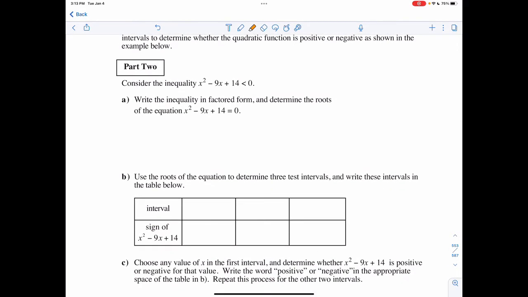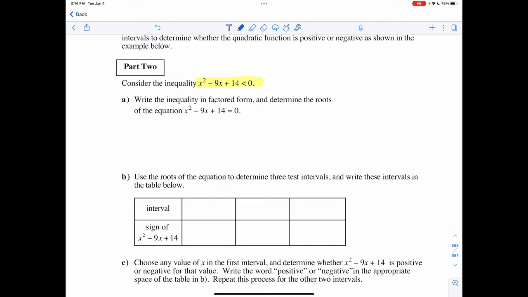So if I take the inequality x squared minus 9x plus 14 is less than 0, the first thing I'm going to do is determine the roots. Now I can do this using any of my quadratic methods, but I'm going to do it through factoring.